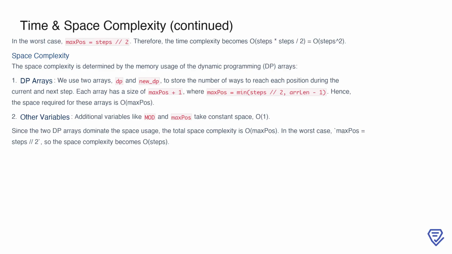Thus, the space required for these arrays is O(MaxPos). Apart from the arrays, we also use a small number of additional variables, like mod and MaxPos, which take constant space, or O(1). Since the dp arrays dominate the space usage, the overall space complexity is O(MaxPos). In the worst case, where MaxPos equals steps // 2, the space complexity becomes O(steps).